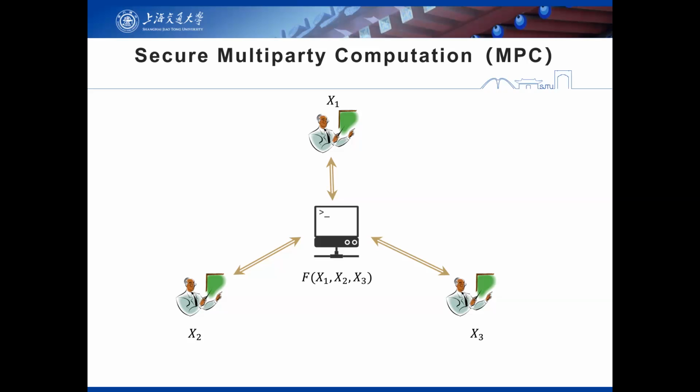The server will compute a public function f based on x1, x2, and x3, and then return the results. This is a centralized computation. However, if the server is an adversary or corrupted, you cannot send your private input to the server, otherwise your private input will be leaked, and it's not secure.